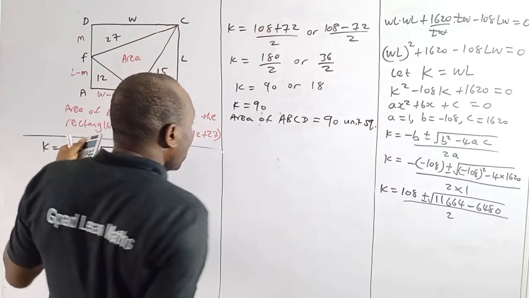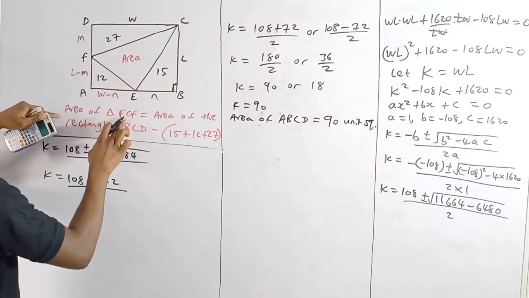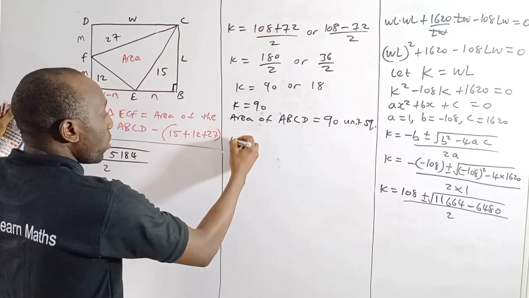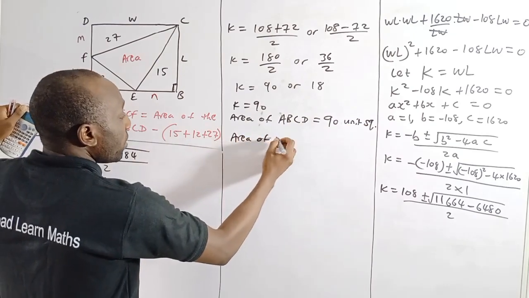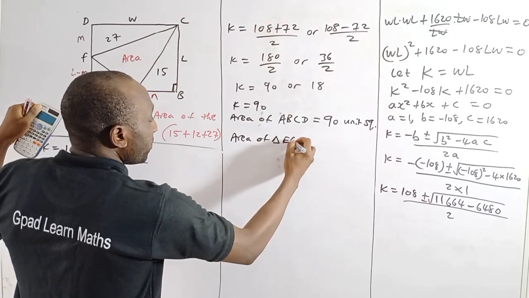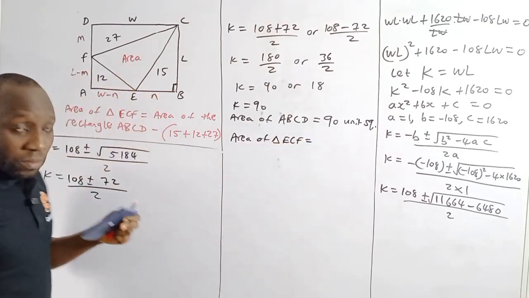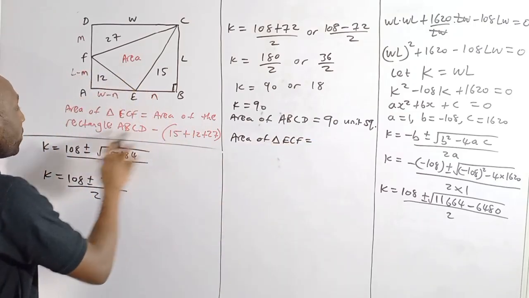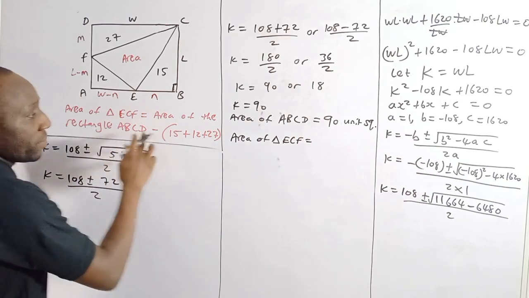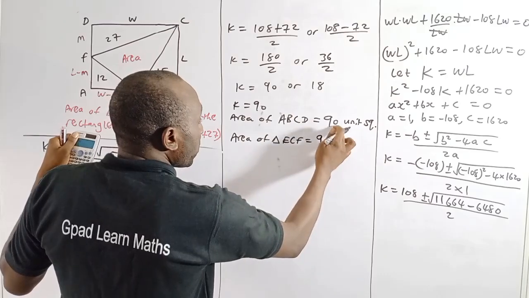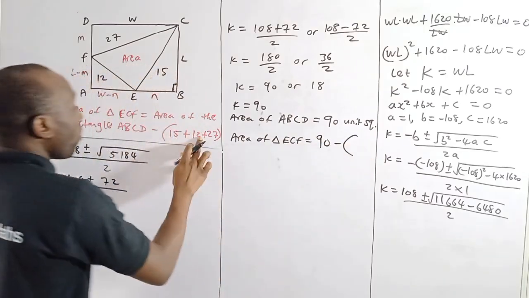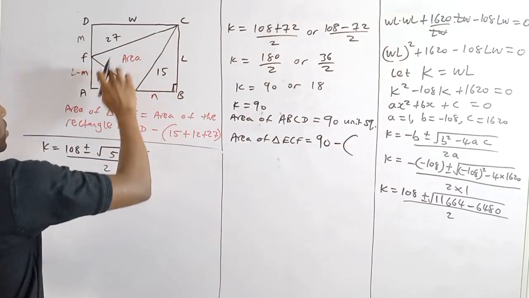Alright? But that's not all. We need to get what? The area of what? Triangle ECF. So area of triangle ECF will be equal to what? Like I said before, the area of rectangle ABCD, that's 90, which we got here, minus the sum of these ones, 15, 27, and 12.